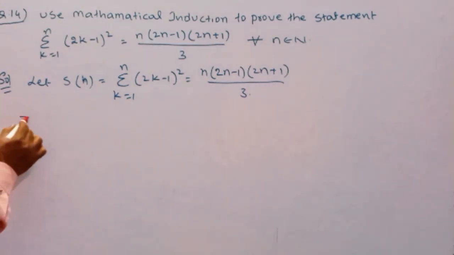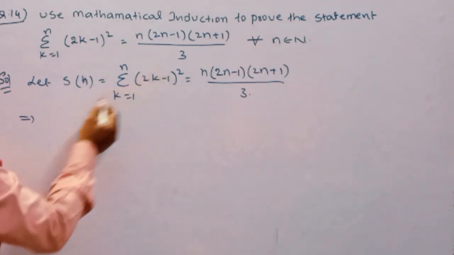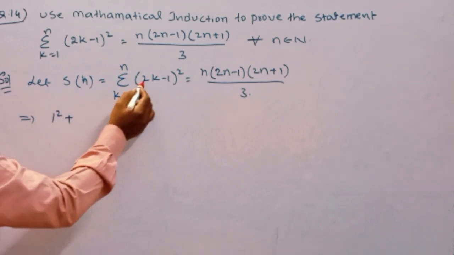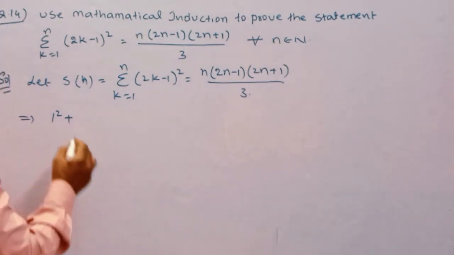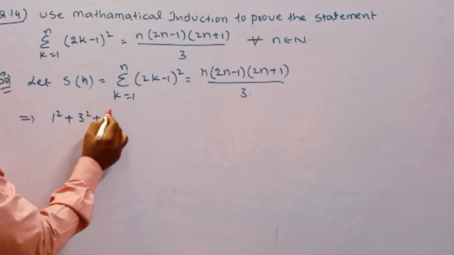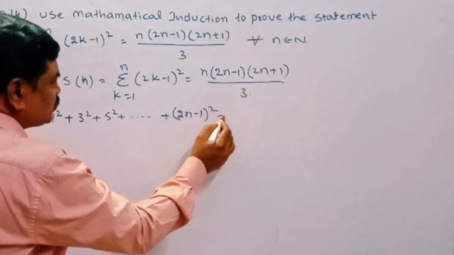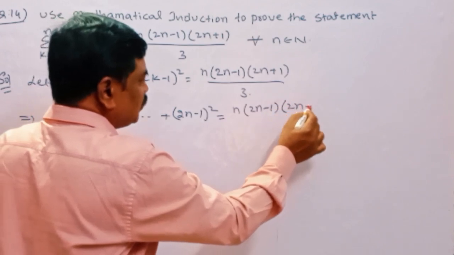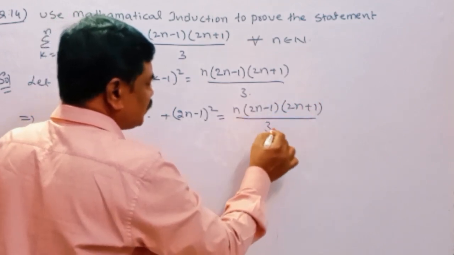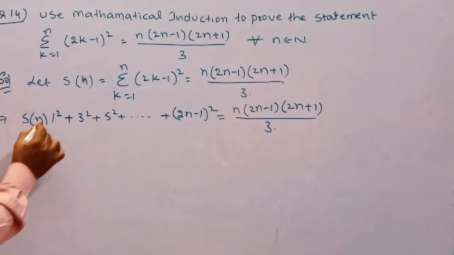For k equals 1, 2 minus 1, 1 square; k equals 2, 4 minus 1, 3 square, plus 5 square, and so on, plus (2n minus 1) whole square is equal to n(2n minus 1)(2n plus 1) by 3. So this is the statement S of n.